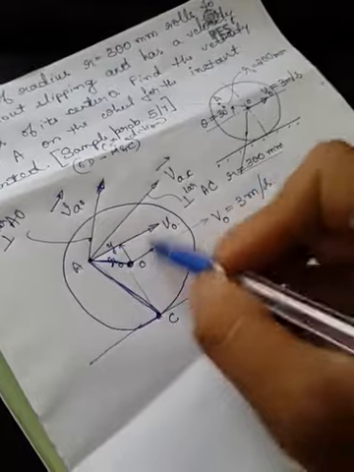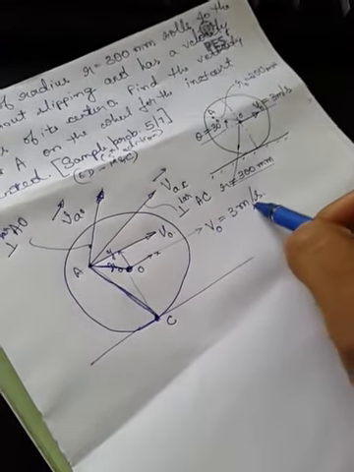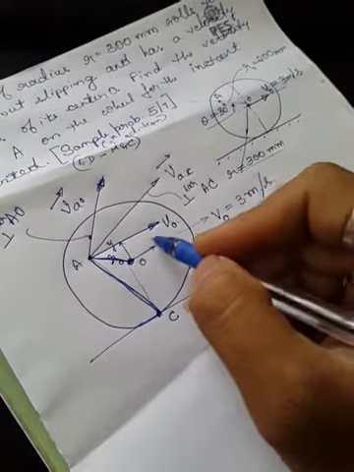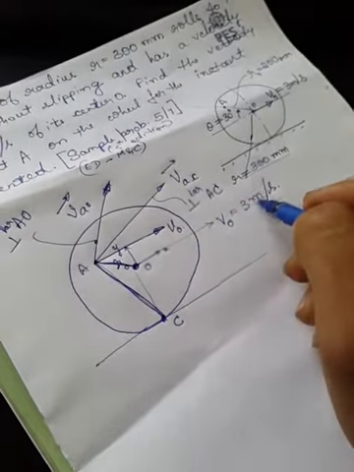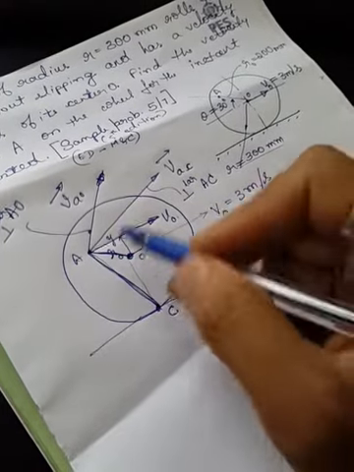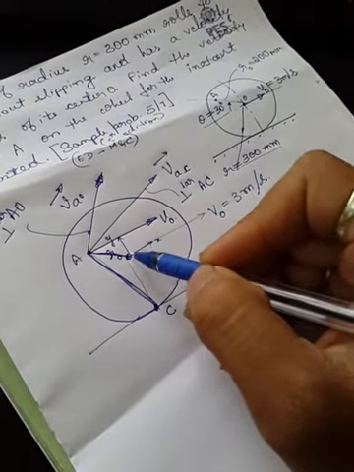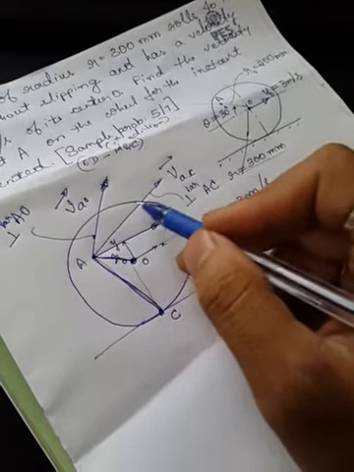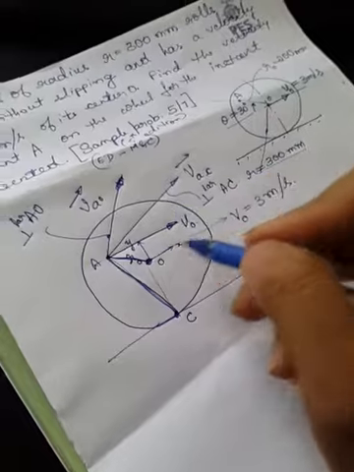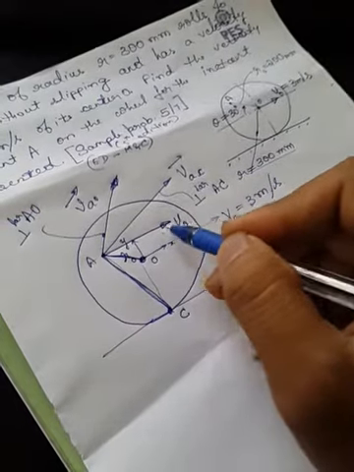Now we also know one more velocity, which is V0. If a point is rolling with a translational velocity of 3 meters per second, every point also has a translational velocity attached to it of the same magnitude. But every other point apart from the center also has a tangential velocity because of rolling, along with the translational velocity.